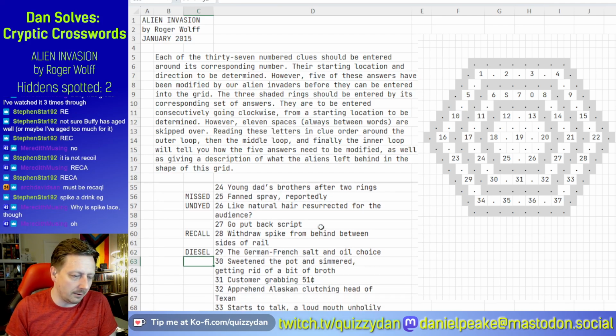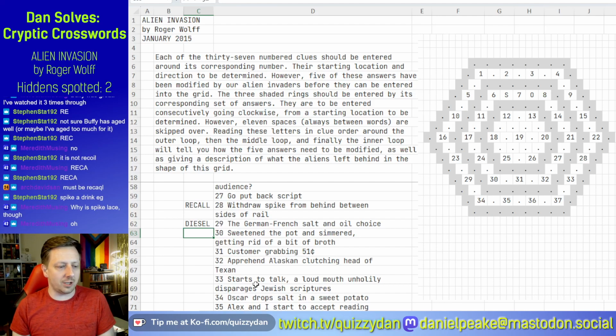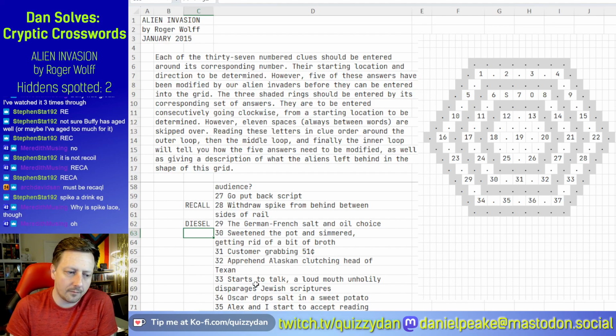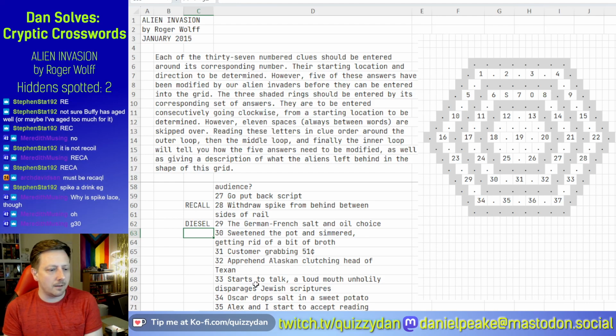Sweetened the pot and simmered, getting rid of a bit of broth. A bit of broth will be the letter B. So I need a 7 or possibly 8 letter word for simmered.